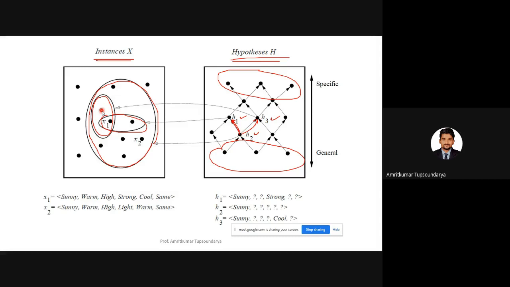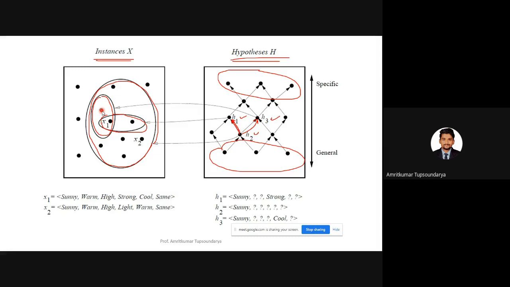So having said that, likewise we can have concept learning algorithms. One such example is the Find-S algorithm. So we'll discuss the Find-S algorithm in the next lecture. But these concept learning algorithms, like let's say the Find-S algorithm, take advantage of this partial ordering, because we are only working on a few sub instances, right?